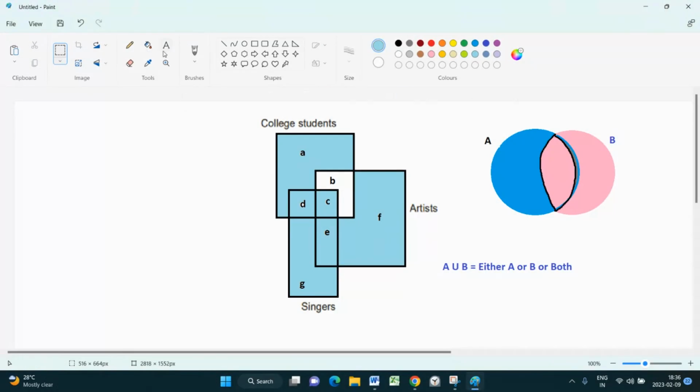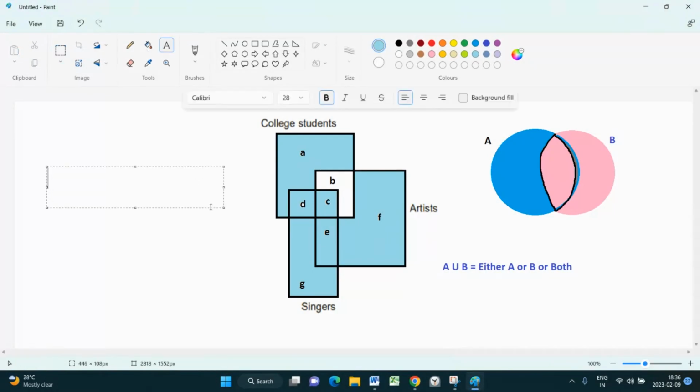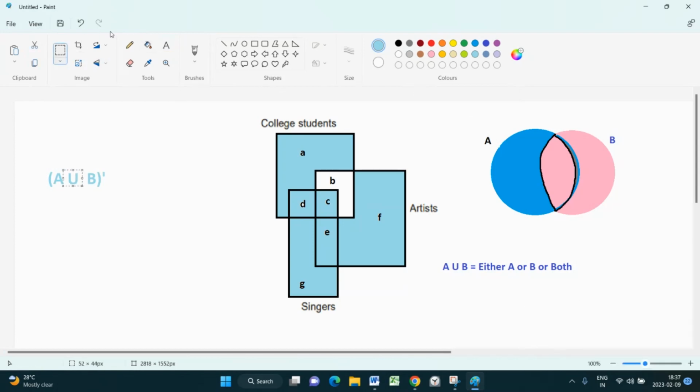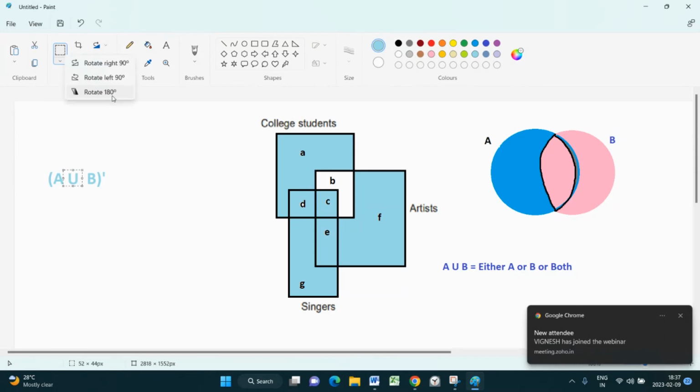I want to know A and B complement. Where is complement? Here. I want to know what is A intersection B. I am taking this picture alone.